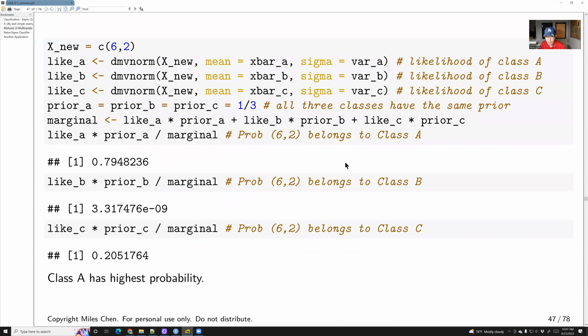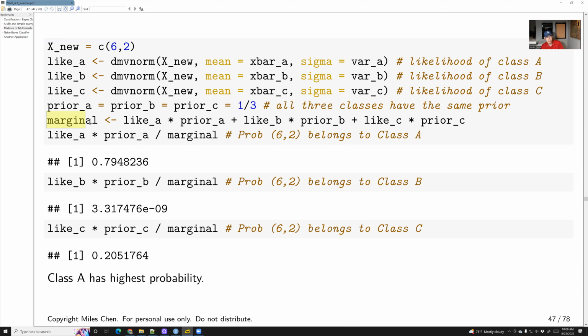That's my guess. So here we just go through and we say, all right, our observation is at 6.2. Let's calculate the densities. So this will give us the likelihood for class A. I've done this all on one page now. Likelihood for class A, likelihood for class B, likelihood for class C, using the mean of A, B, and C and the variance of A, B, and C. And then the prior probabilities are 1/3 for everything.